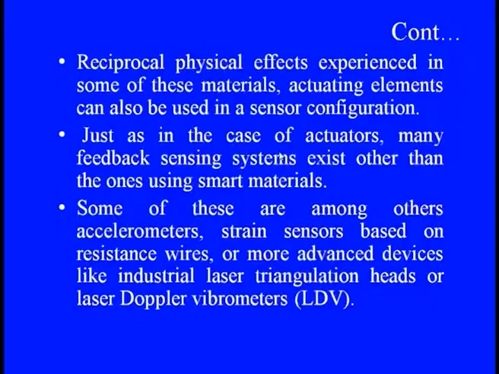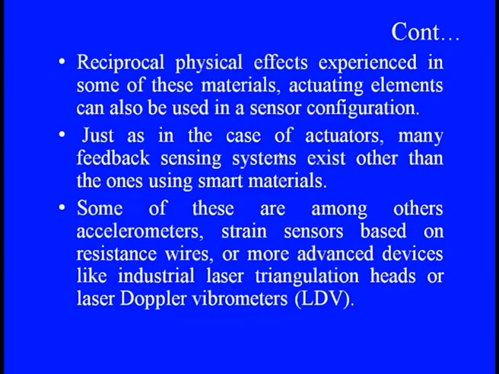We know that the reciprocal physical effects coming out of these materials can be added as the actuating elements and the sensor configuration there itself. In case of actuators, as we discussed, the feedback sensing system exists inside the microstructure of the smart material.